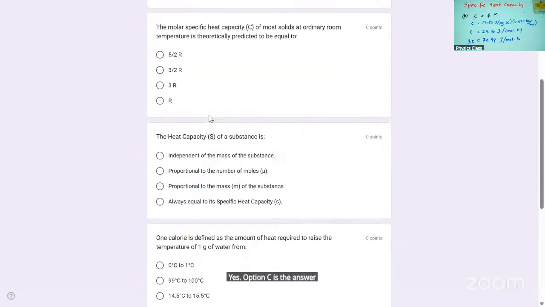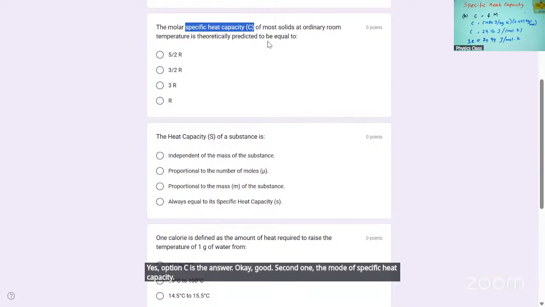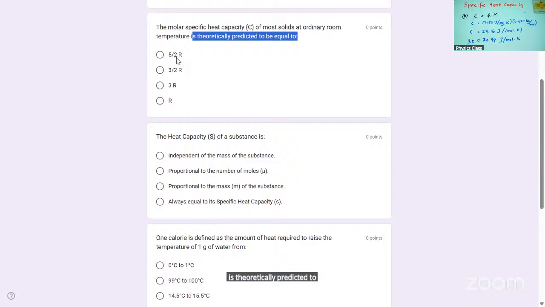Okay, good. Second one: the molar specific heat capacity C of most solids at ordinary room temperature is theoretically predicted to be equal to 5 by 2 R, 3 by 2 R, 3R, or R. Already, R means the universal gas constant.